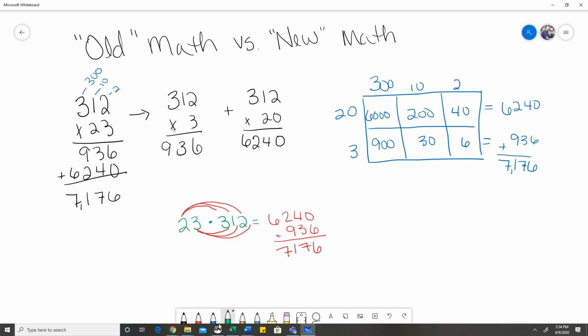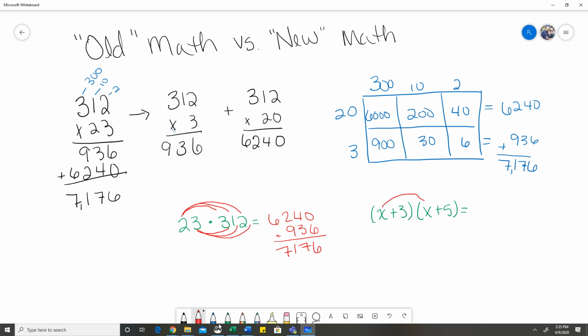Now, in algebra, I told you we got away from x because in algebra, we use x as a variable. So x plus 3 times x plus 5. Okay? When I teach my kids to multiply these two binomials together, I teach them to distribute like we did with the 20 and the 3 over here.